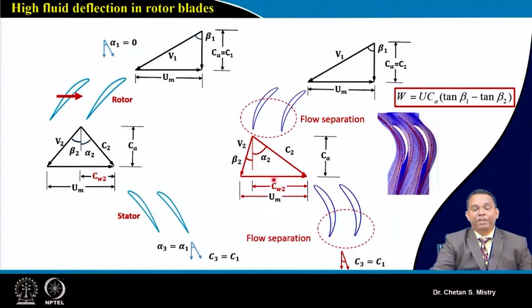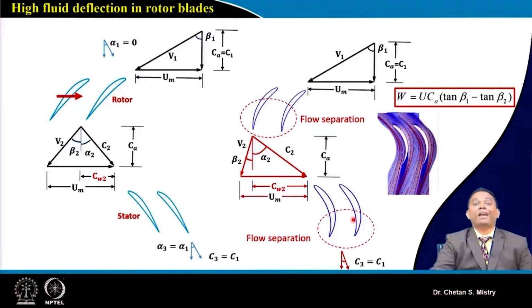Now when we have a highly cambered blade, since we are operating under adverse pressure gradient, there are more chances for my flow to get separated. My flow will get separated maybe from the suction surface or maybe from the pressure surface based on my flow condition. This is what we have discussed earlier also. Here in this case, my flow will get separated from the suction surface. Here also it will get separated from the suction surface.